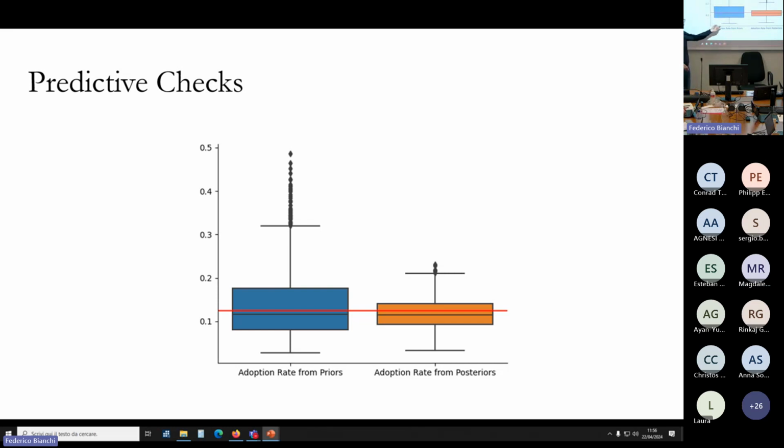And this is from our model, from the best fitting parameters in this ABC sequential Monte Carlo. And you see they are on average closer and closer to the true adoption rate in this village. So the inferences are empirically anchored because they reproduce on average the empirical adoption rate much better, for instance, than what the priors did.